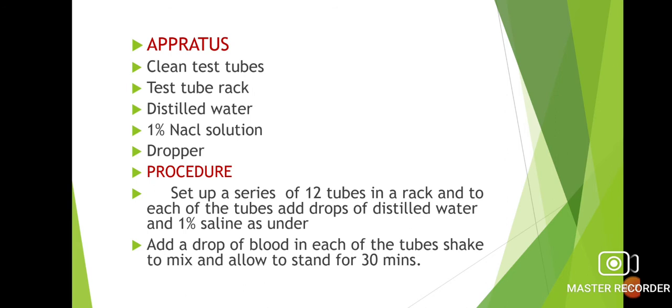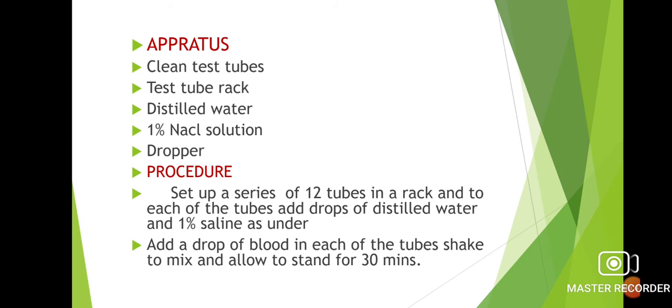The apparatus we are going to require in this practical will be 12 clean test tubes, a test tube rack, distilled water, 1% sodium chloride solution, and a dropper. Procedure for this practical: we will set up a series of 12 tubes in a rack, and to each tube we will add drops of distilled water and 1% saline as under.